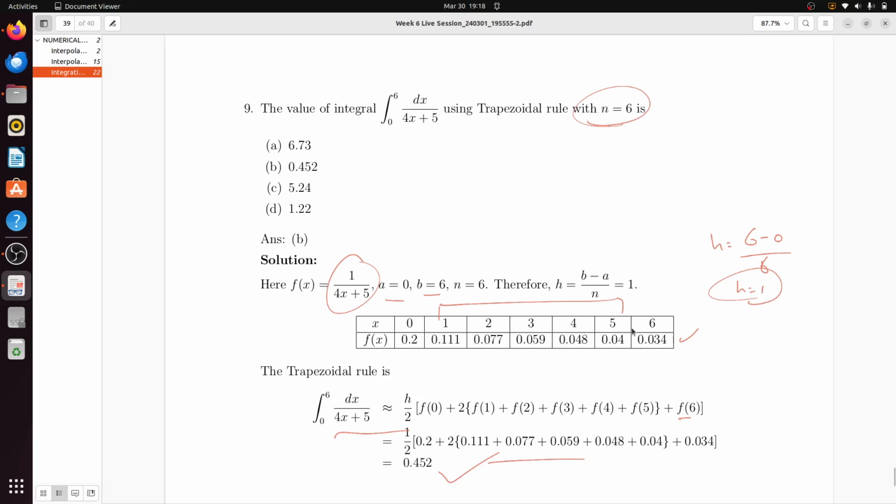That is the answer using composite Simpson's rule. I am giving you 1 to 2 minutes, just follow whatever I have done and try to solve this problem.